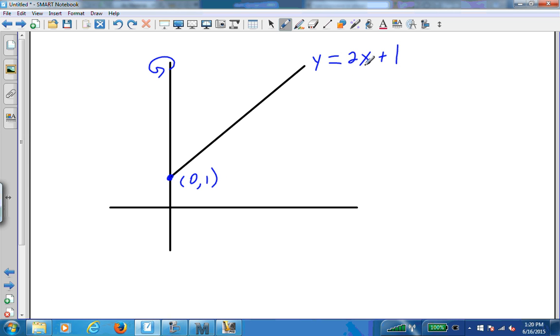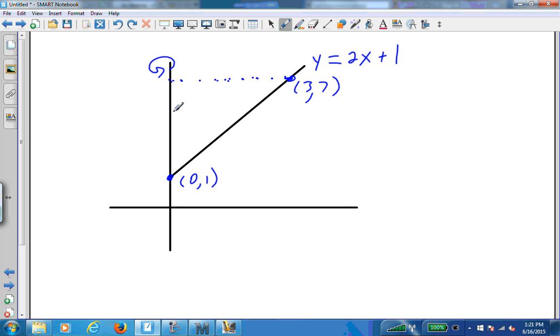When x is 0, y is 1. And let's go up to here. If I just pick a random x, when x is 3, y is 7. So this is at a height of 7.